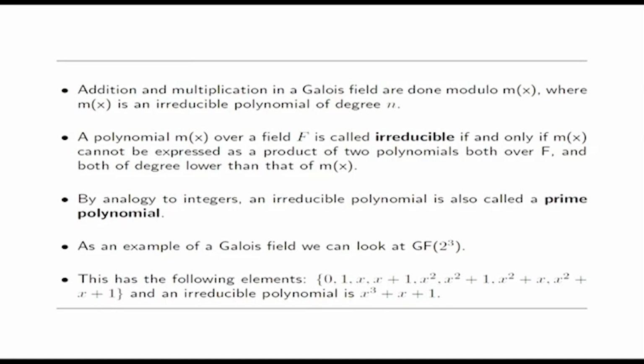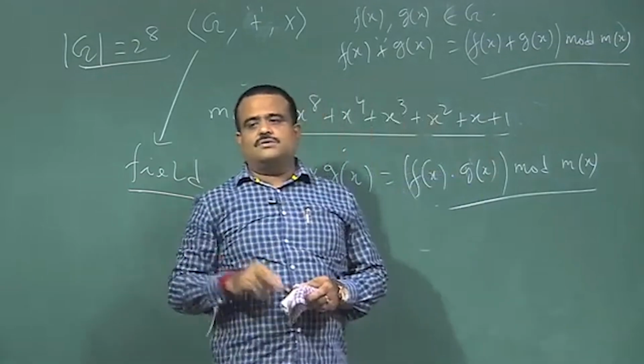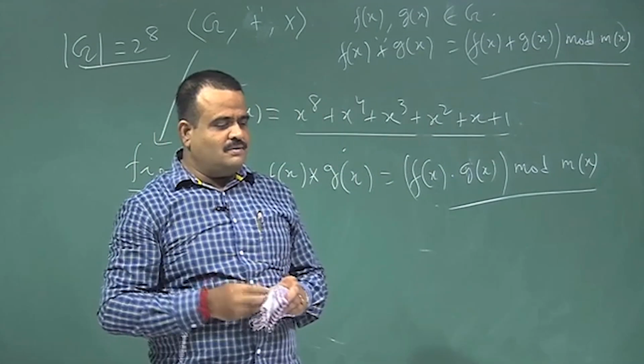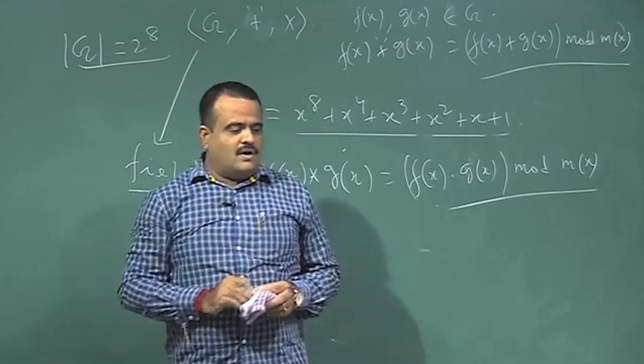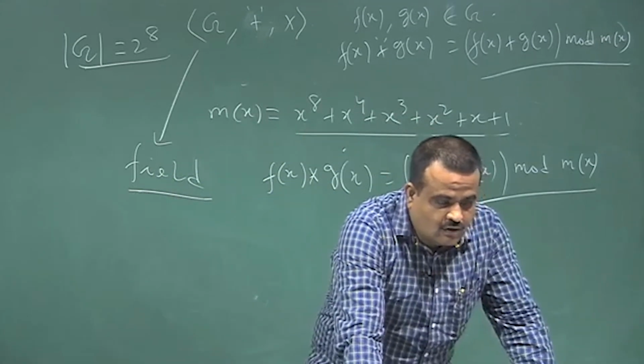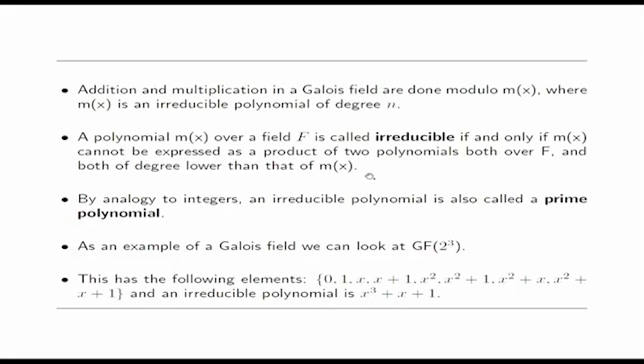In the prime number case, we know that if a number is prime, it has only two factors, 1 and itself. Similarly, m(x) has no other factors. So, this is called a prime polynomial, not a primitive polynomial. We will define the primitive polynomial.